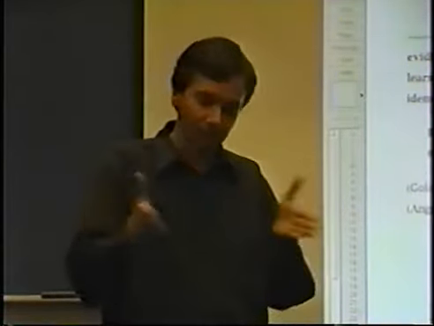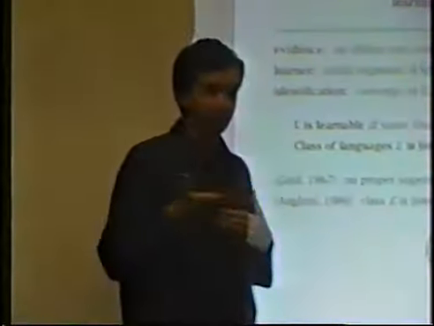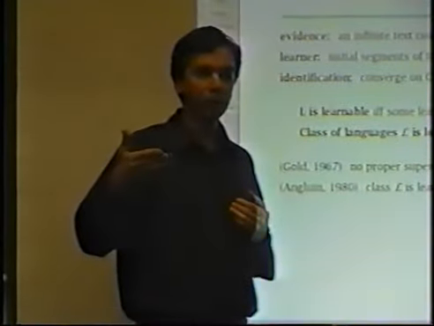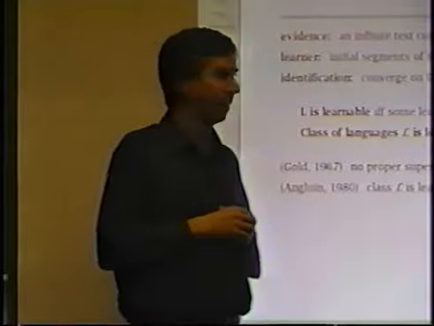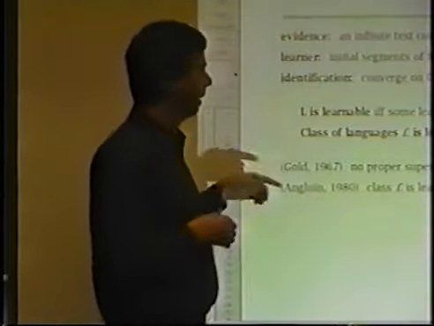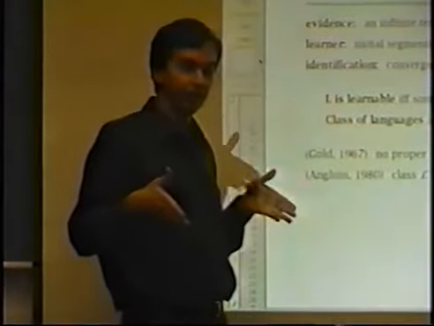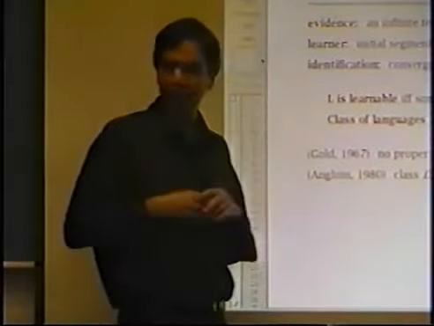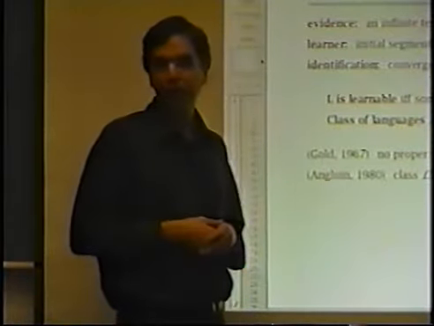So the learner just guesses the set of sentences seen so far, and eventually, if the language is in fact finite, that guess will be correct and will never change with extensions of the initial segment. So it's clear that the class of finite languages, which is an infinite class, can be learned by a learner that just doesn't generalize at all. But no proper superset of this can be learned.